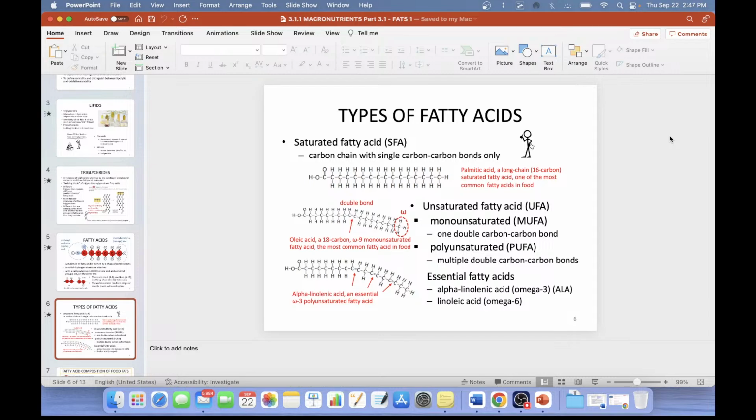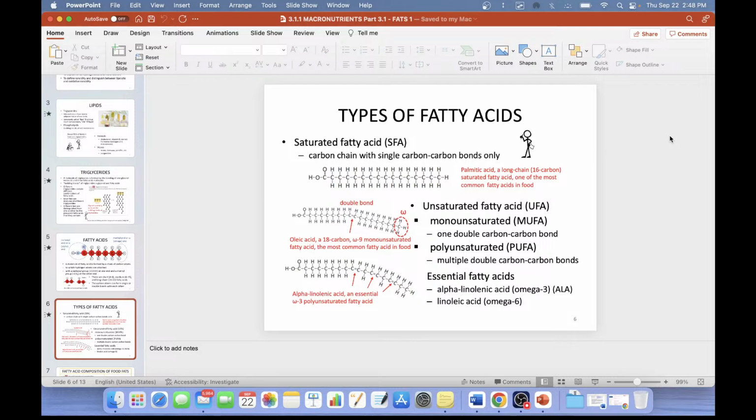There are no double bonds. Okay? And so the fatty acid is as full of hydrogen as it can be. All the carbon atoms in the middle of the chain have two bonds available, and those are attached to hydrogen. That's what saturated means. It means filled with hydrogen.